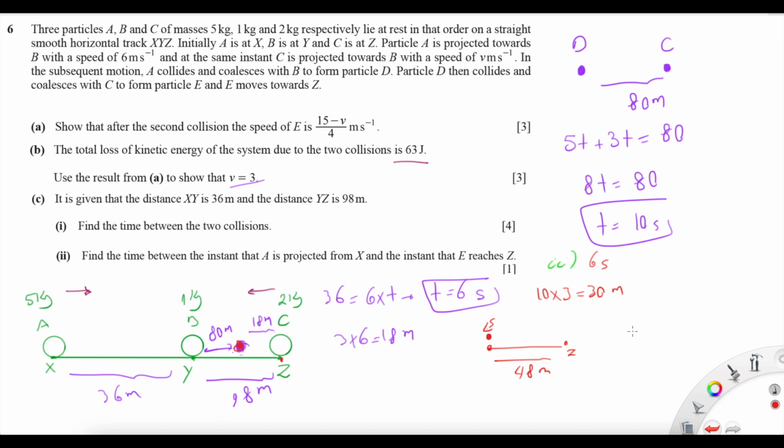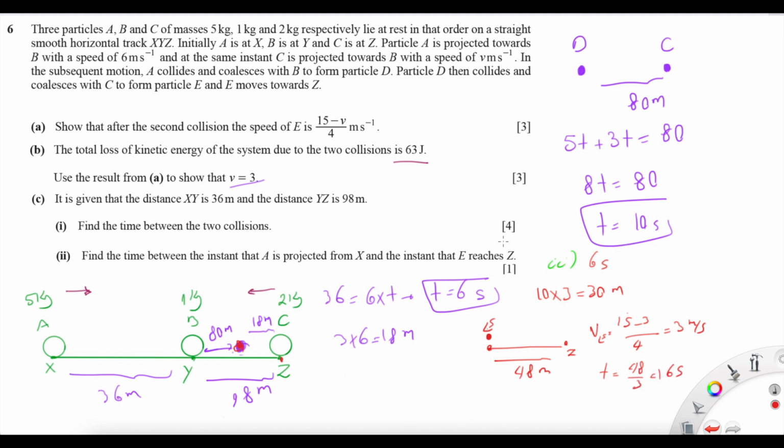So it means that particle E is 48 meters from Z. And we found that the speed of particle E was 15 minus V, which is 3, so 15 minus 3 divided by 4, which is 3 meters per second. So now the distance between particle E and point Z is 48 meters and the speed is a constant 3. So the time taken for particle E to reach Z is 48 over 3, which is 16 seconds.